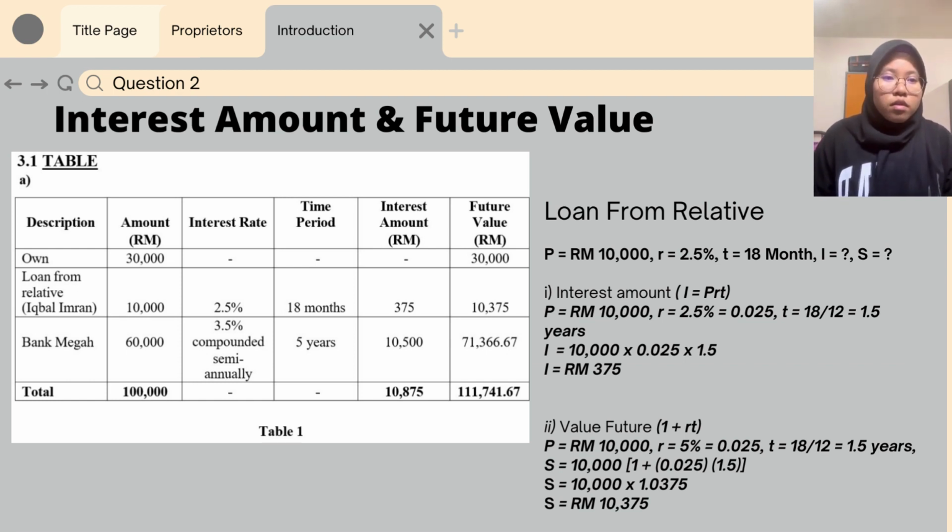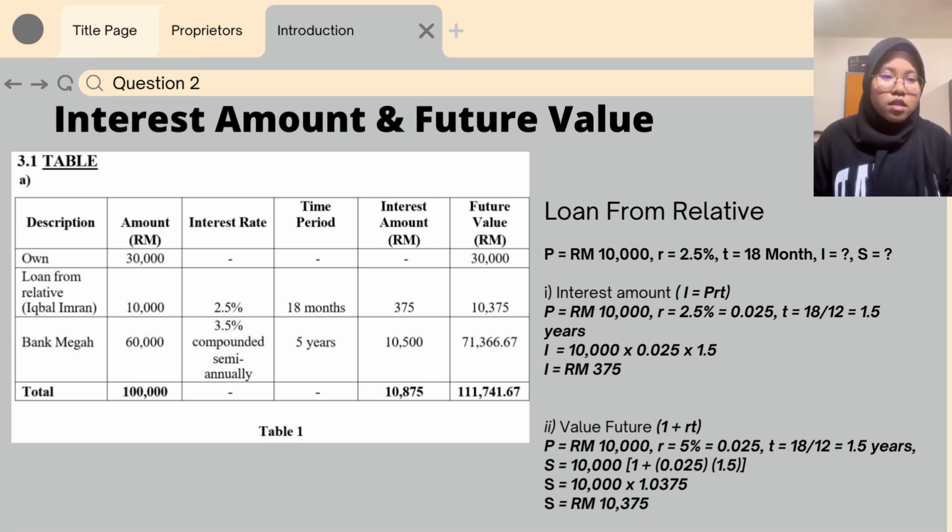So P is 10,000, R is 2.5%, T is 18 months equal to 1.5 years. So I we have 375 ringgit.